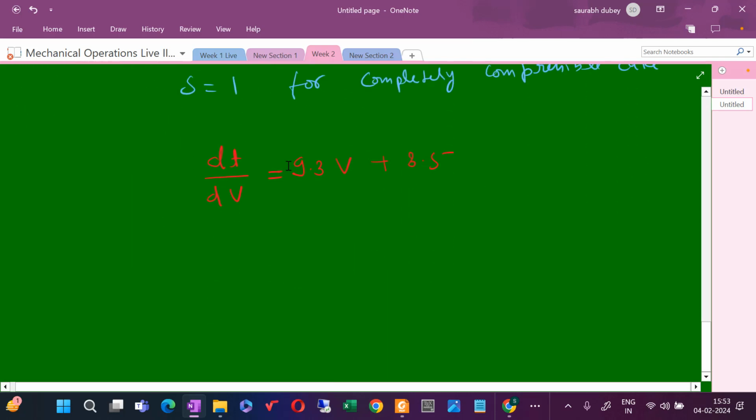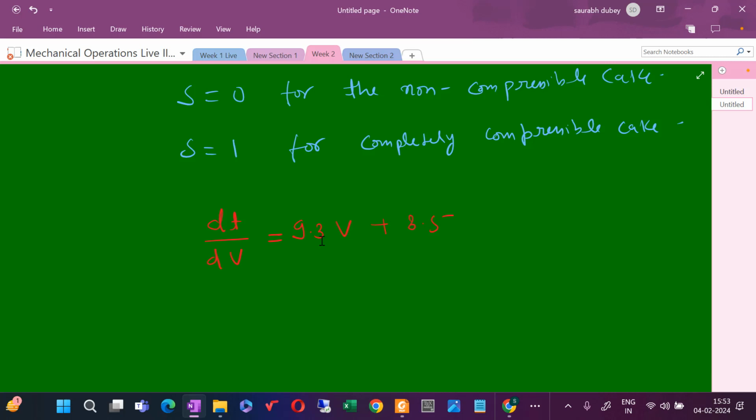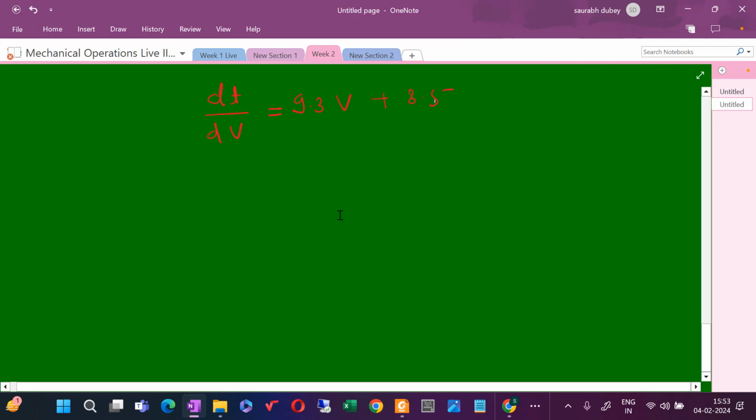When you consider the value of alpha as a function of s, what will be the changes? There will be changes in these coefficients in the final expression, and through that you will be calculating. So let me first go to the main equation.